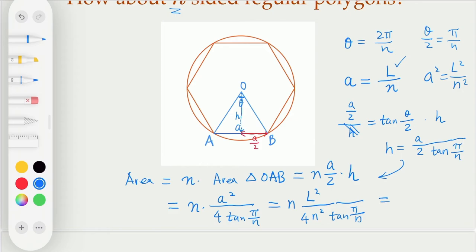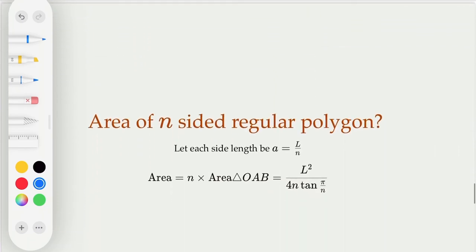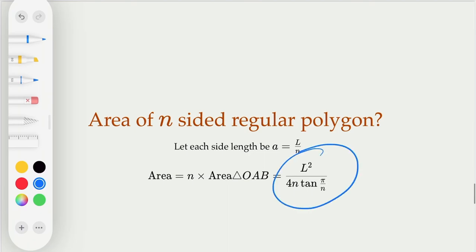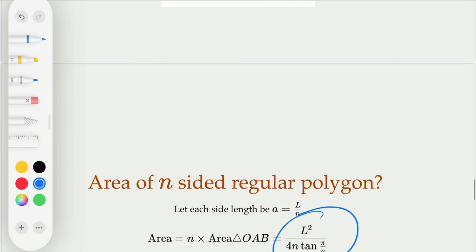So that's equal to L squared over 4n tangent pi over n. Right, so let's do that.